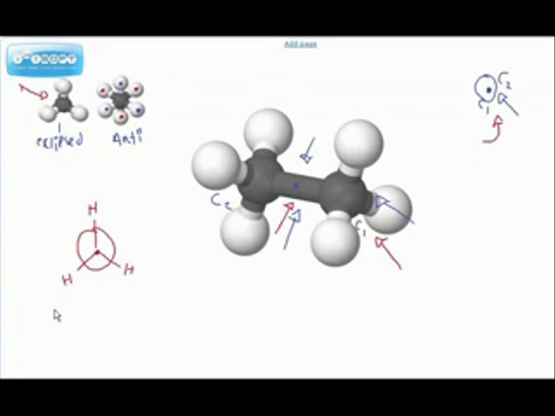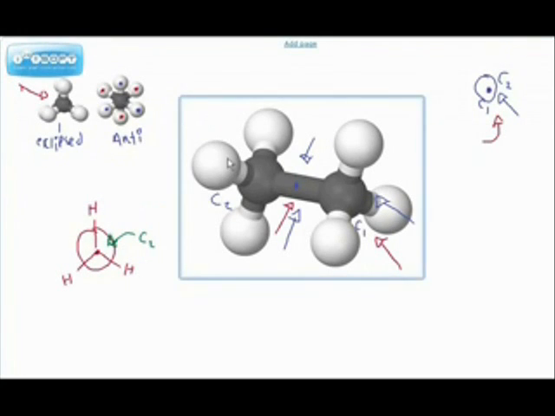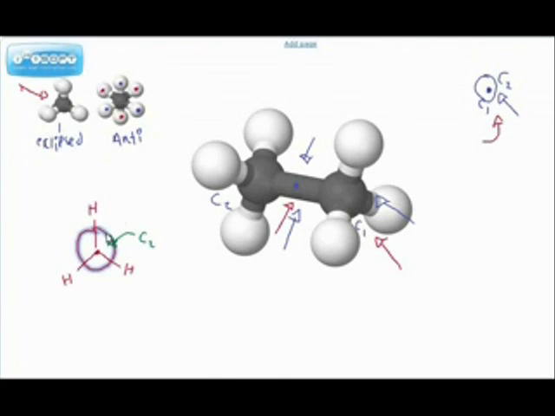If we want to draw the anti-conformation, then we would have to draw this molecule assuming that this big circle here is carbon number 2, and we would draw its hydrogens like this. We draw them kind of coming out in the back here in the anti-conformation.